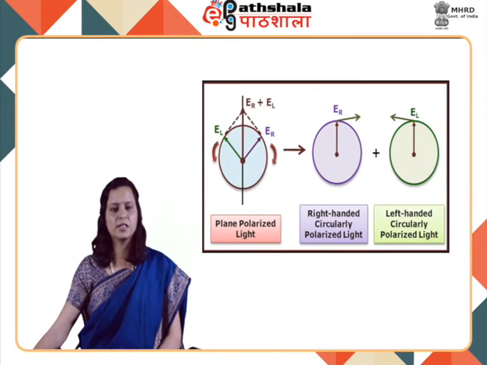Now, we can discuss circularly polarized light. Circularly polarized light is light vibrating along a circle lying in a plane perpendicular to the direction of propagation of light. A plane polarized beam of light can be mathematically described as two circularly polarized beams of equal amplitude spiraling in opposite directions.